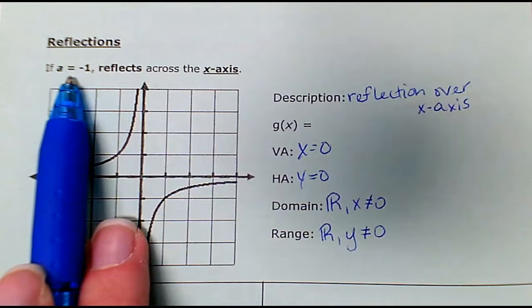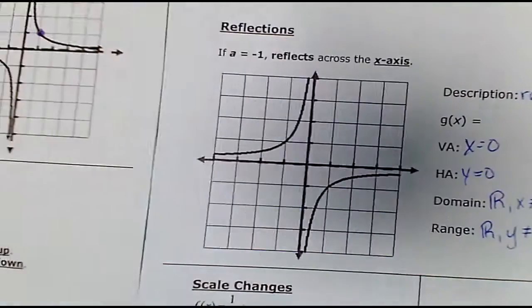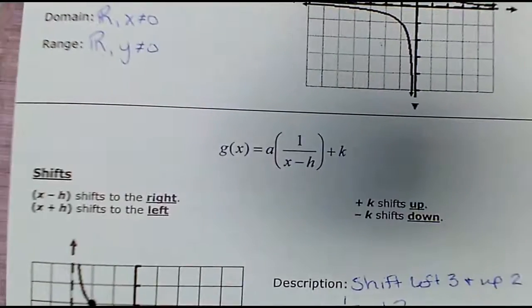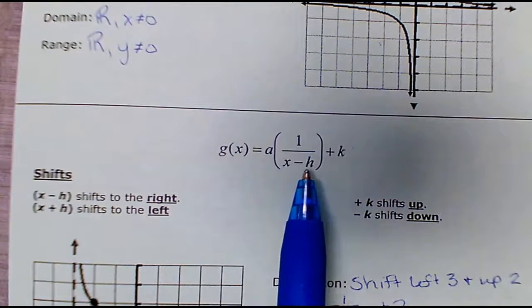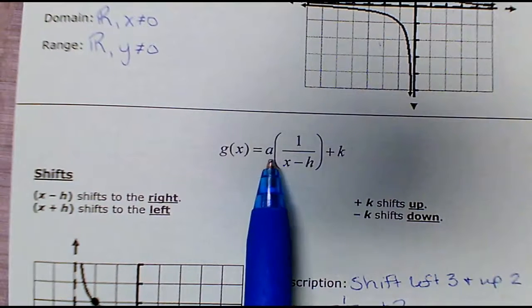Hang on, let's get everybody on board. Don't go too fast. If I try to write my g of x, what is the a value? -1. Do I have an h and a k value? No, it's just this out in front that needs to be -1, right?